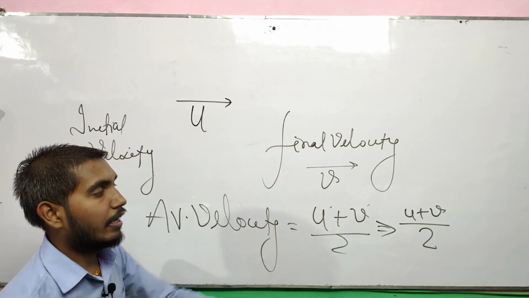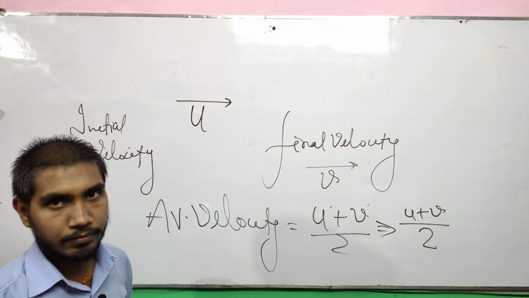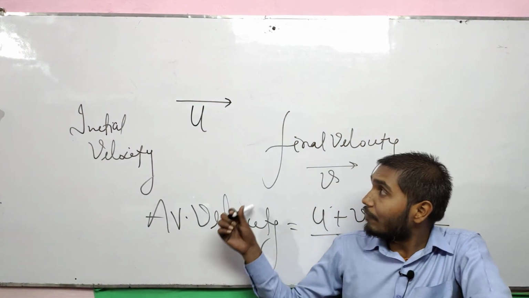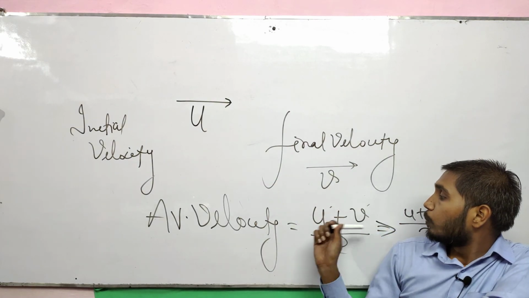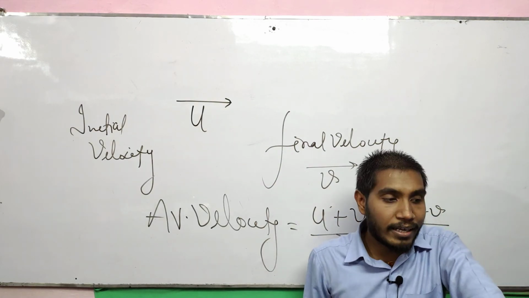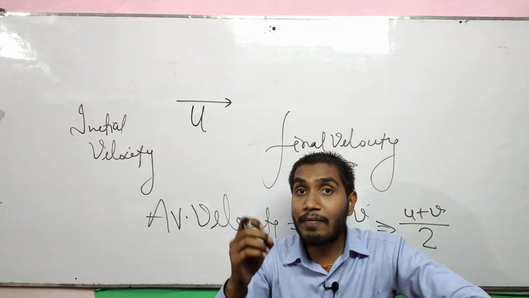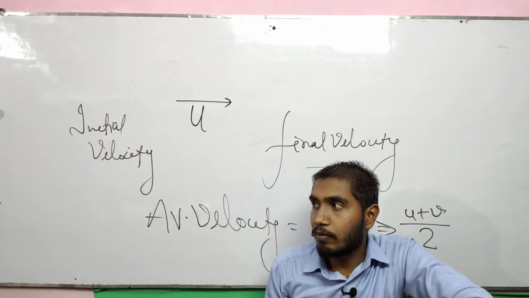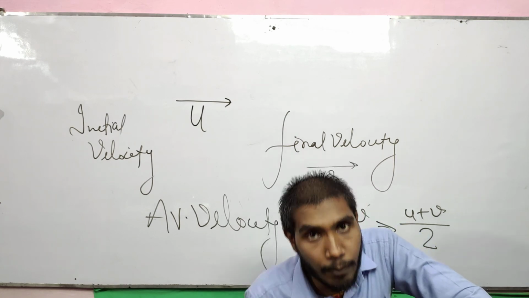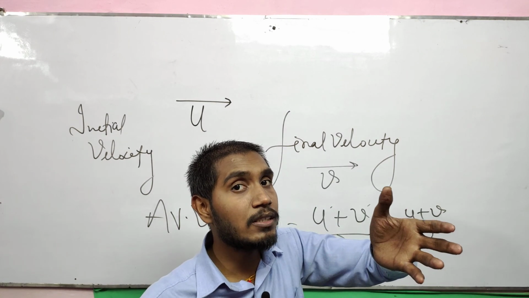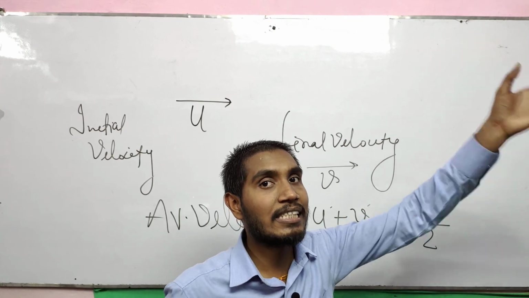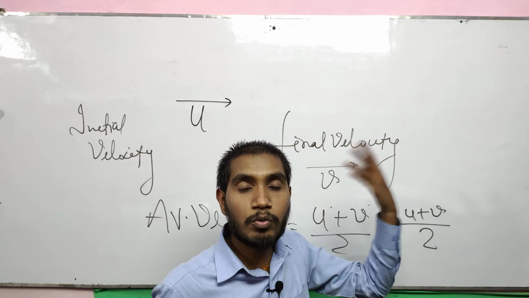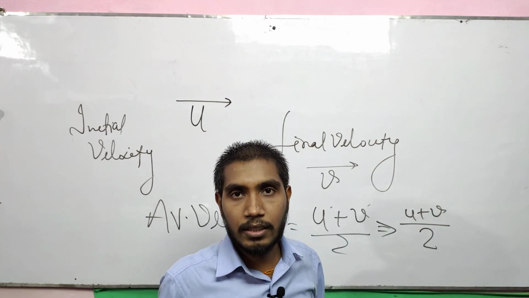This is the average velocity when velocity is changing with a uniform rate. Uniform rate means 2 to 4, 4 to 6, 6 to 8, or 3 to 6, 6 to 9, 9 to 12.